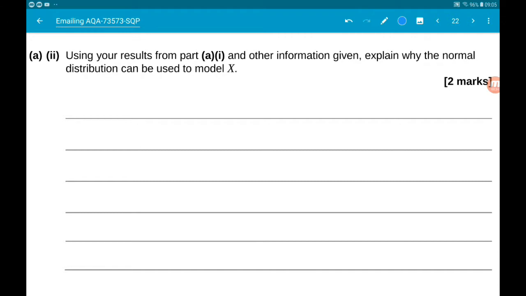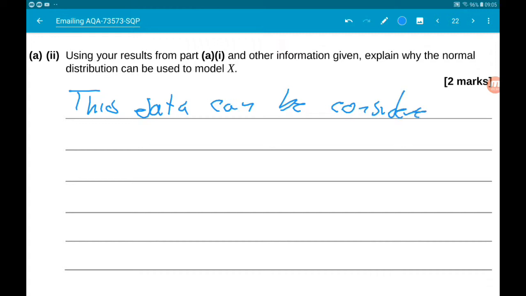So this data can be considered as continuous as required.